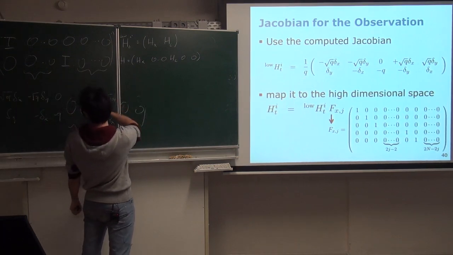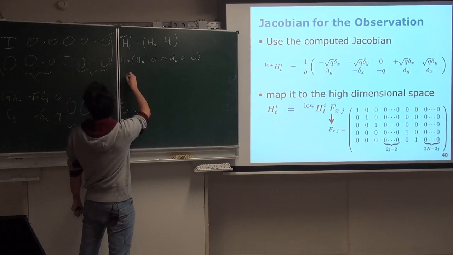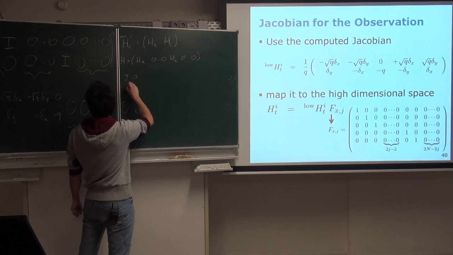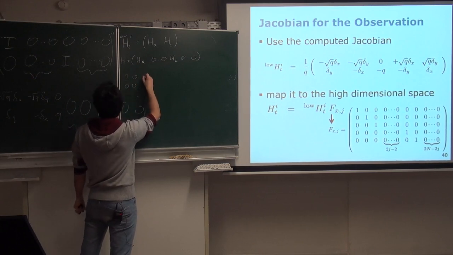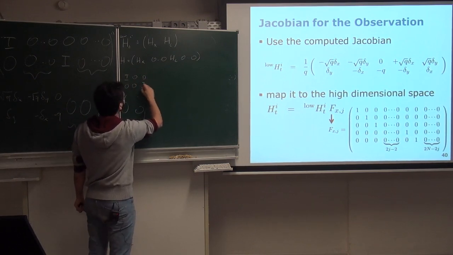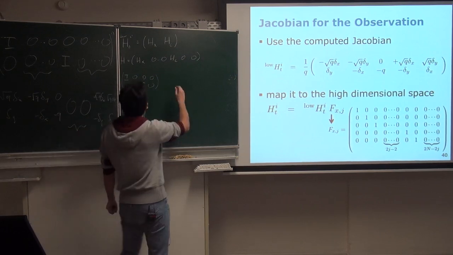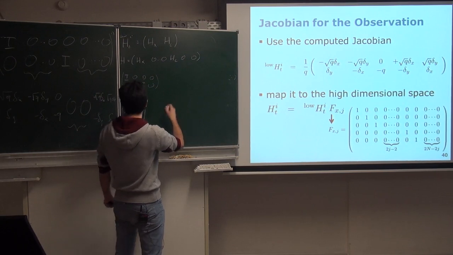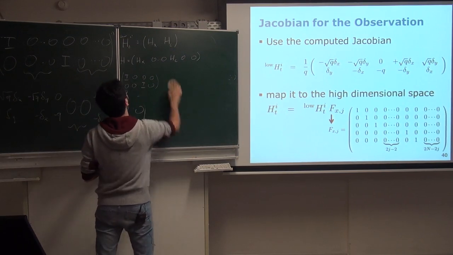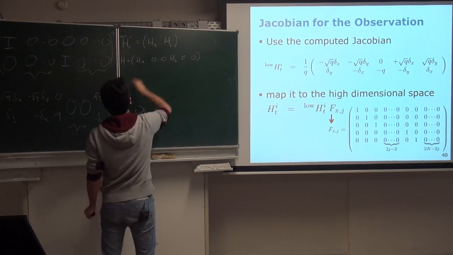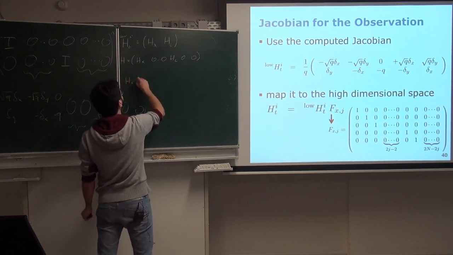Our F is something like identity 0, 0, 0. Then we have 0 identity and then 0, 0. We take this, we multiply on the, it is actually on the left. So we take this one on top, which is Hx, HL.